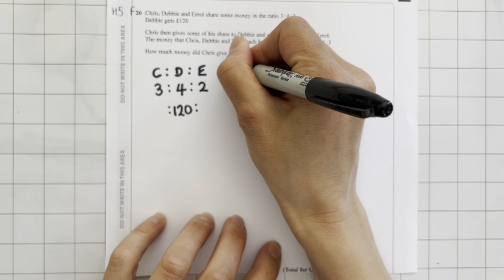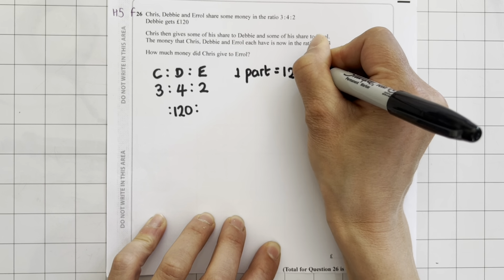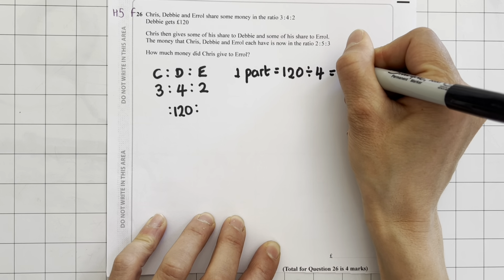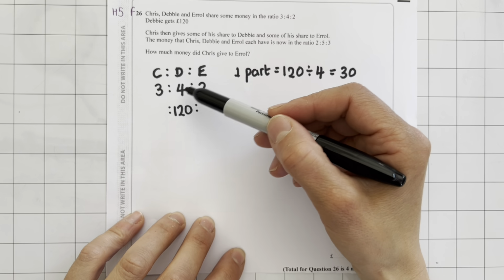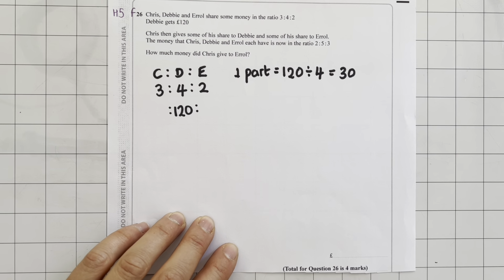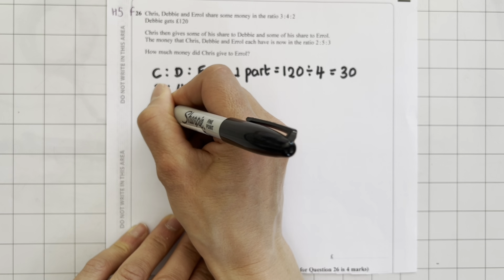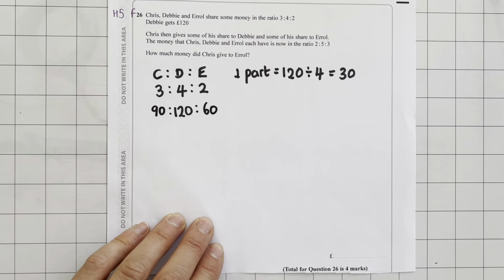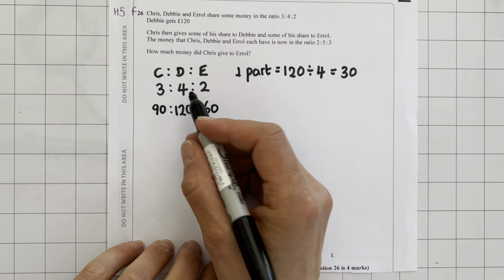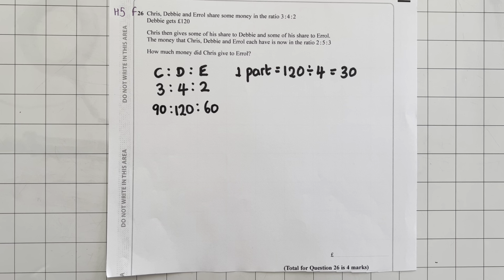So one part will equal 120 divided by 4, which is 30. This means that for each of these we need to times by 30 to find out how much money they all get. So 3 times 30 will give us 90 and 2 times 30 will give us 60. And 4 times 30 gives us the 120 that we were told Debbie gets.